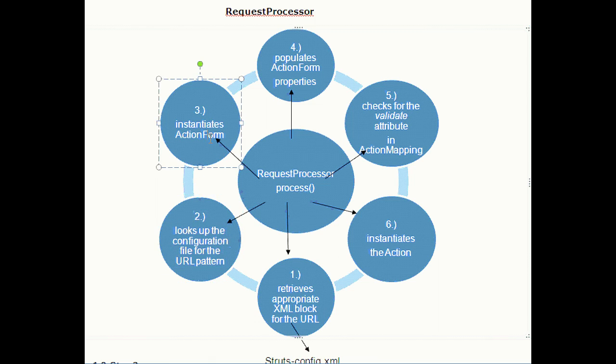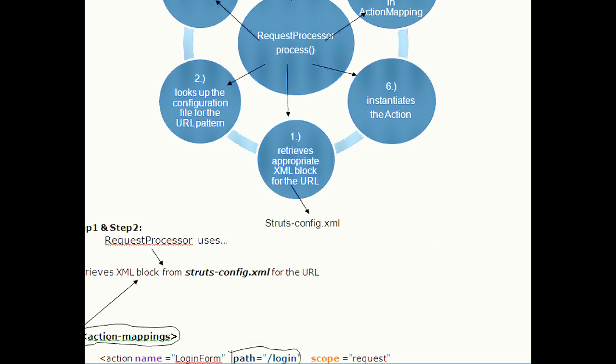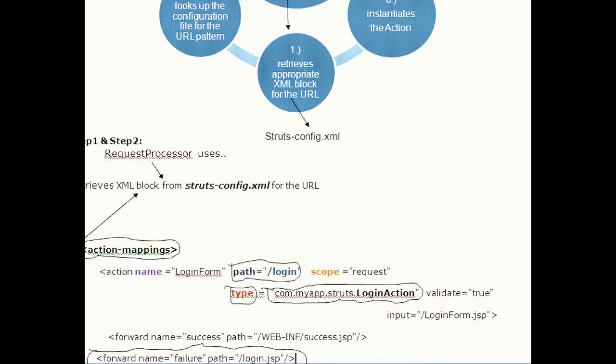In the third step, it will instantiate your action form bean. In the fourth step, it will populate the properties of your action form bean. In the fifth step, it will check the validate attribute of the action mapping element of Struts configuration file. Finally, it will instantiate an appropriate action class. We will discuss one by one.